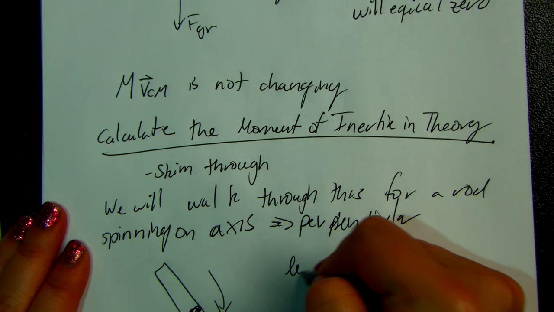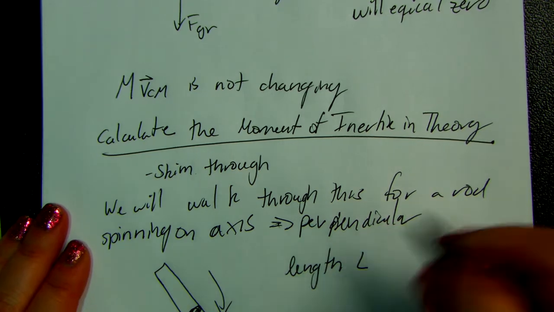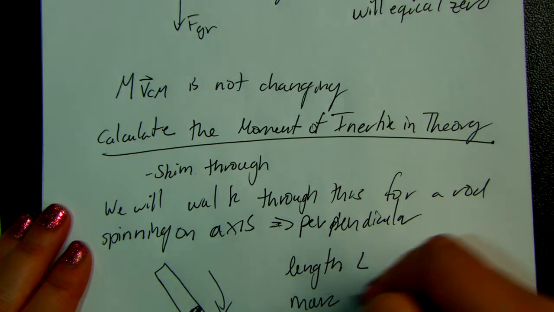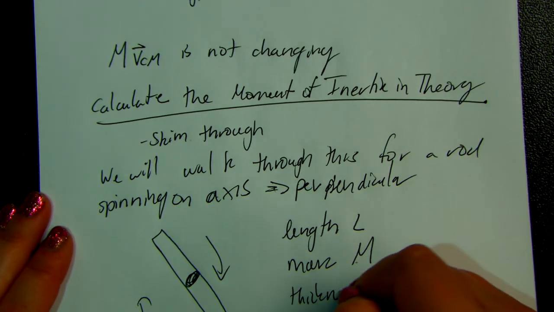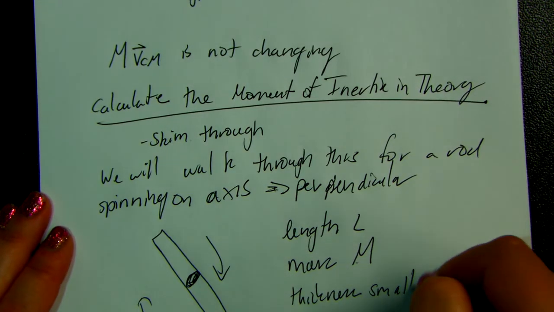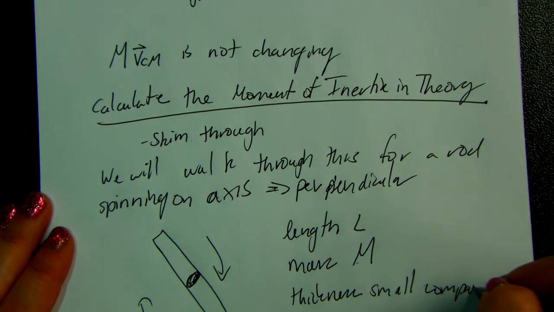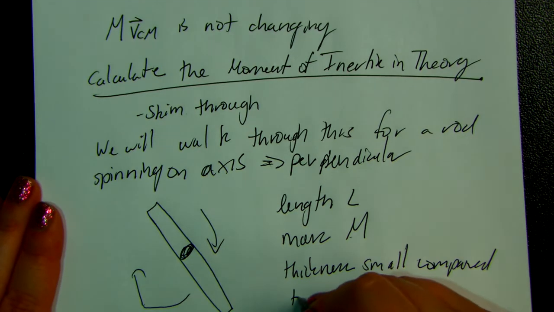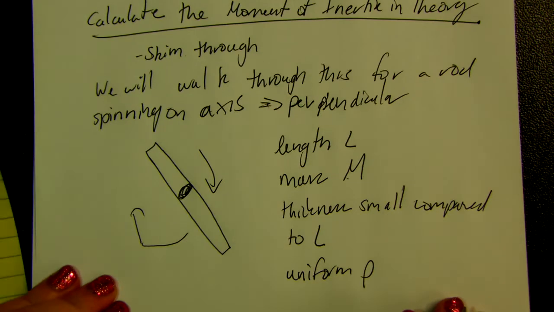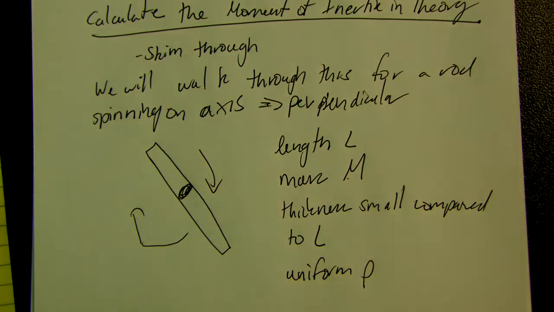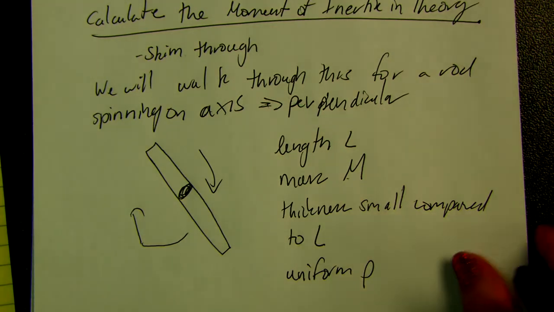Okay, it has length L, mass M, and thickness small compared to length, and it has uniform density. Okay, so this is the situation that we are dealing with.